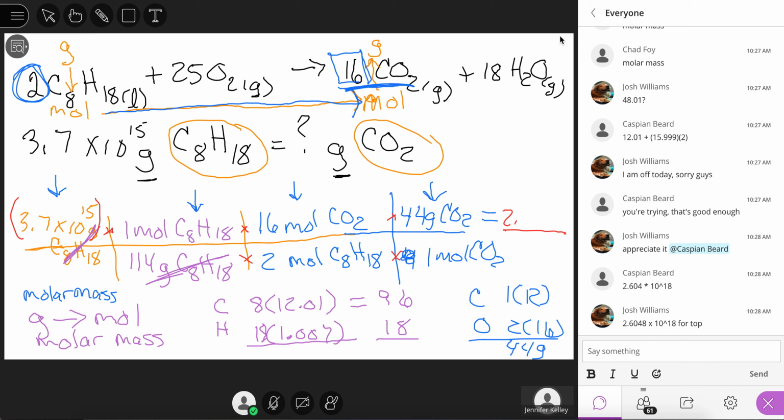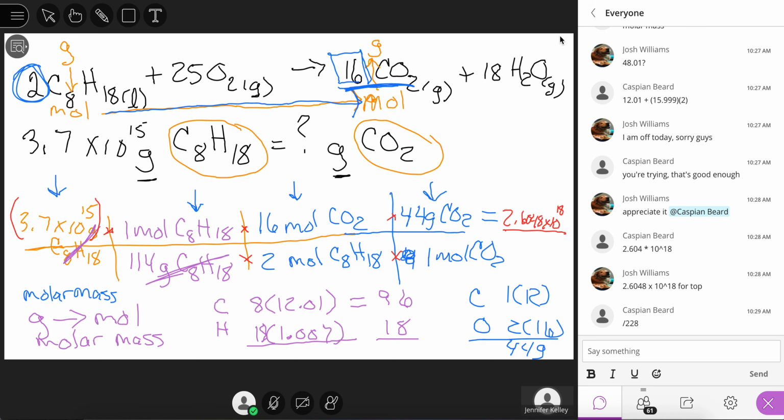So 2.6048 times 10 to the 18th. And what do we get for the bottom? 228. And then when we divide them, what do we get?